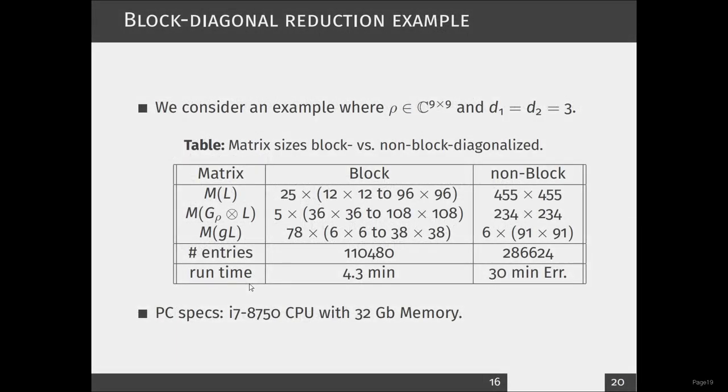So here is a concrete example. Let's say we're given a 9 by 9 matrix, so D1, D2 are both equal to 3. Then we compare the blocked versus non-blocked form. This is for T2, where it is 25.